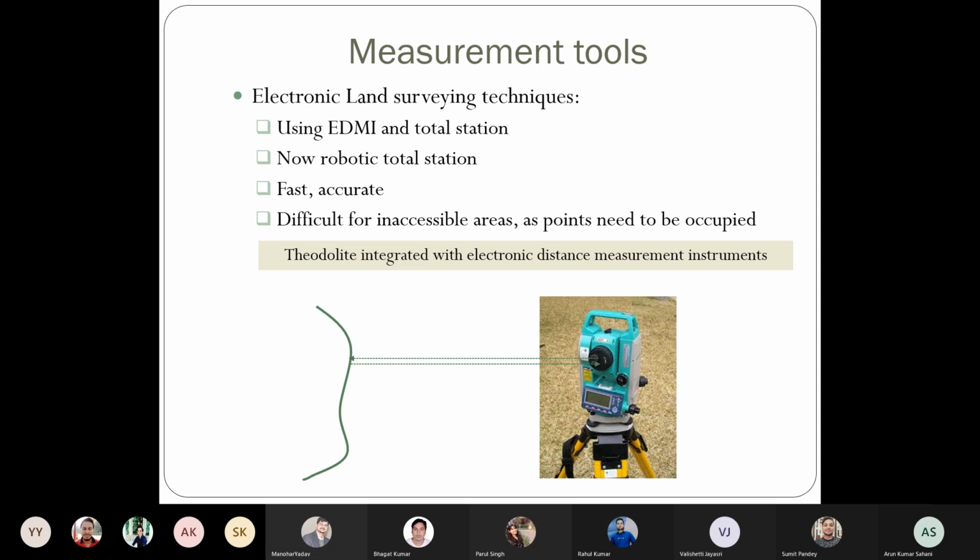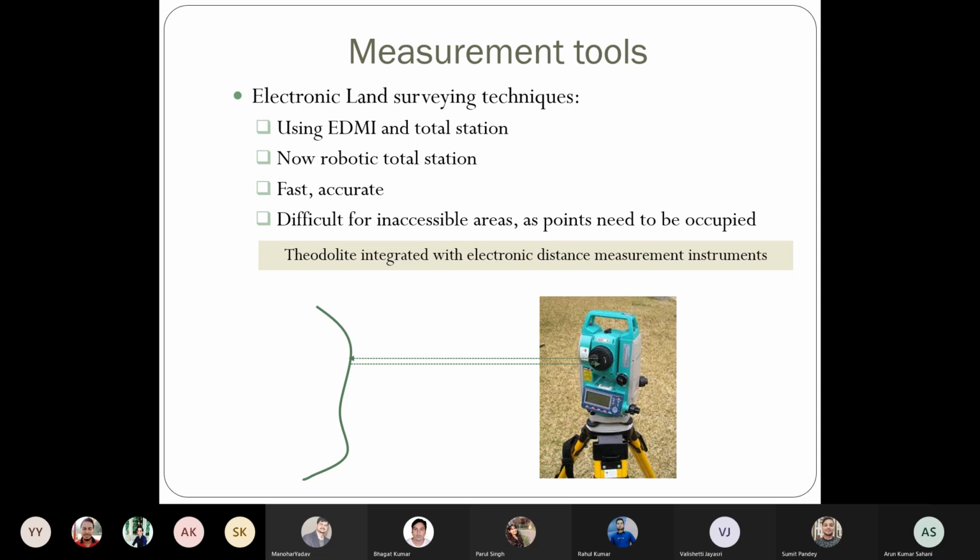If you connect a line to a point from the total station and the reference line, the angle between these two lines can be measured by the total station. Nowadays we have a further advancement in TS technology, a robotic total station that can automatically target the point.